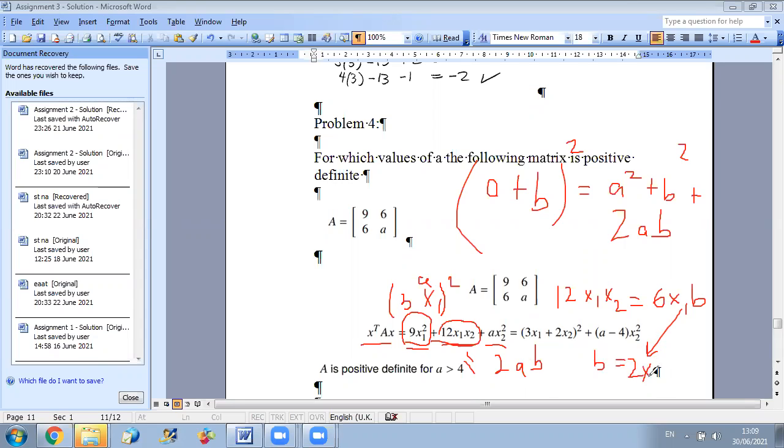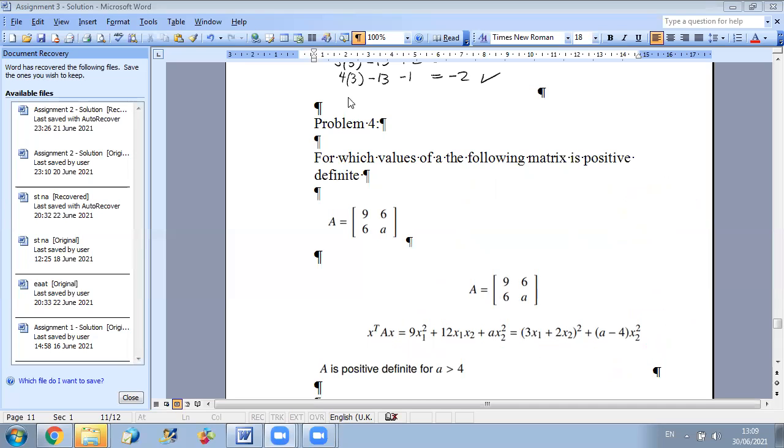Now in order to make this term a squared plus b squared plus 2ab appear, since you don't have b squared, you can make it appear in your equation by just doing plus b squared minus b squared. So if I add to this equation plus 4x2 squared and minus 4x2 squared, then these elements together will form a plus b squared, which is 3x1 plus 2x2 squared.